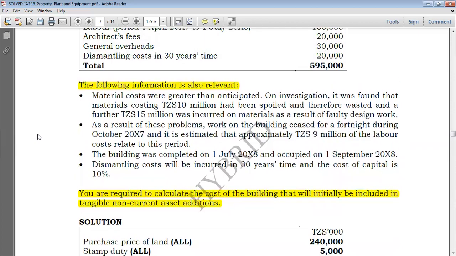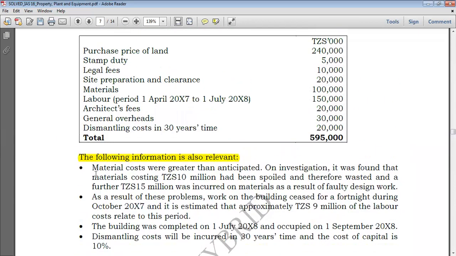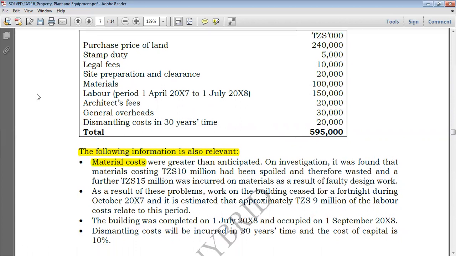When given a question like this, you have figures here and further details there. You can start anywhere you want. You could start with a cost, for example material costs, and then go to the notes and look for materials to know whether you're right or not. That's an option, but you could also start from the top and look if there is further information about each figure.